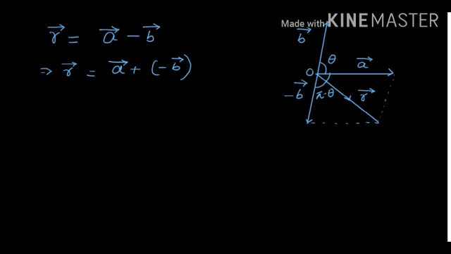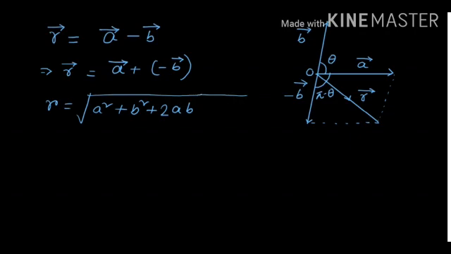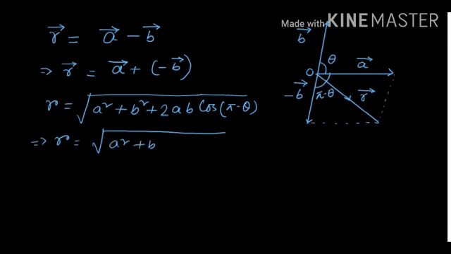That is, the magnitude R of this resultant vector is root over A square plus B square plus 2AB cos of pi minus theta.